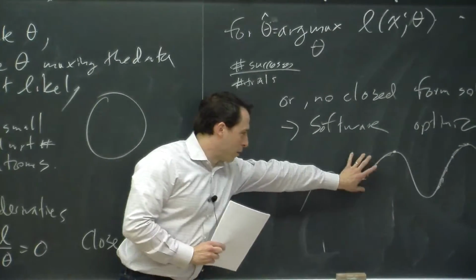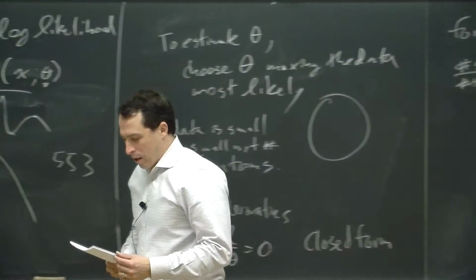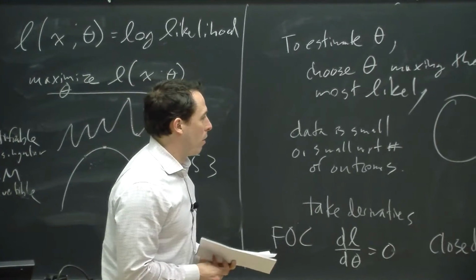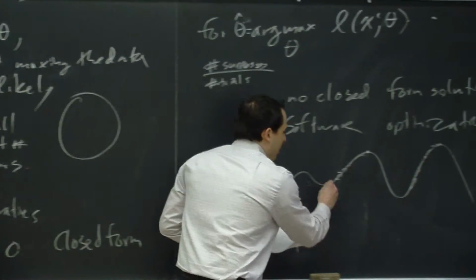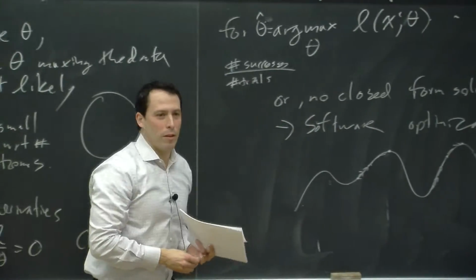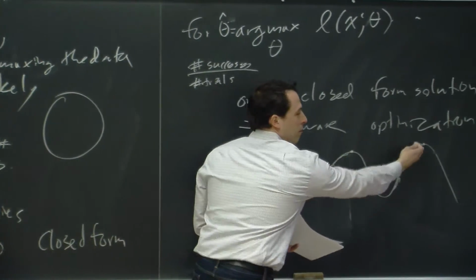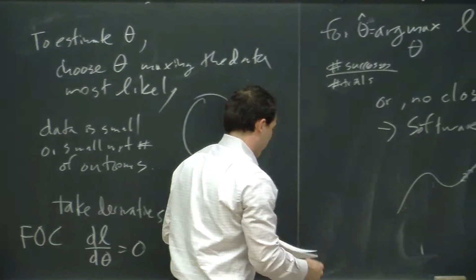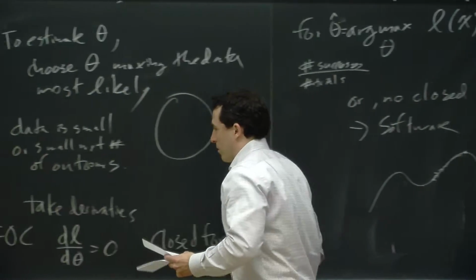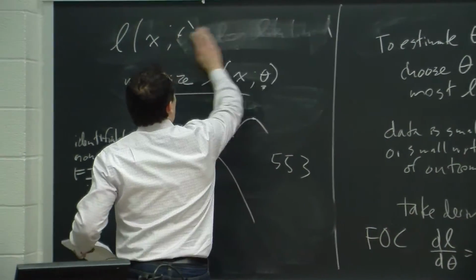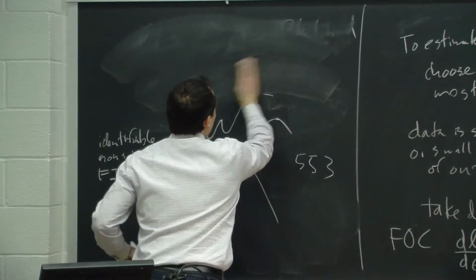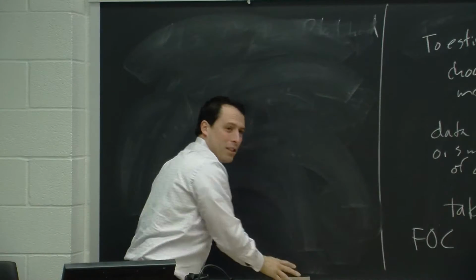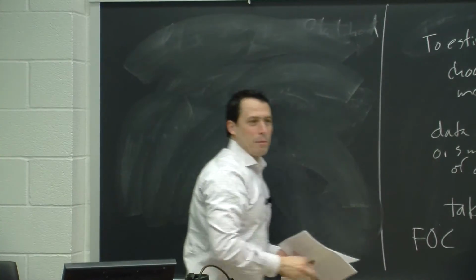I want to warn you that this can happen, and you should either be sure that you have only one optimum, or you can try starting in different places, and there are formal ways to count the number of local maxima. So just the art of being worried about your data. And sometimes your software will spit out a result that makes no sense, and that might be what happened.